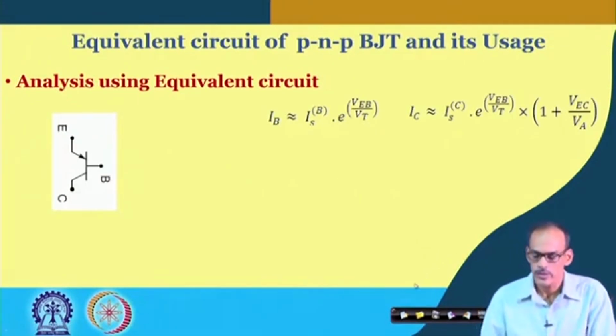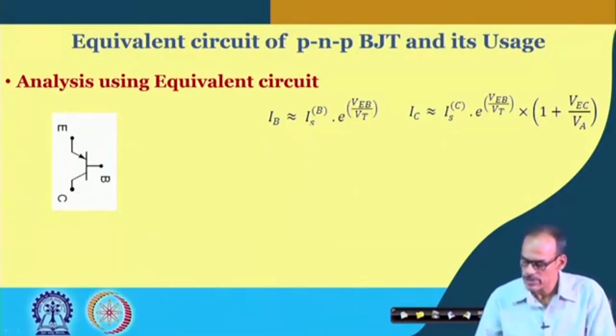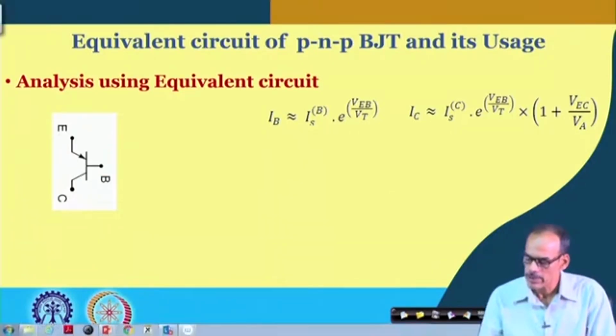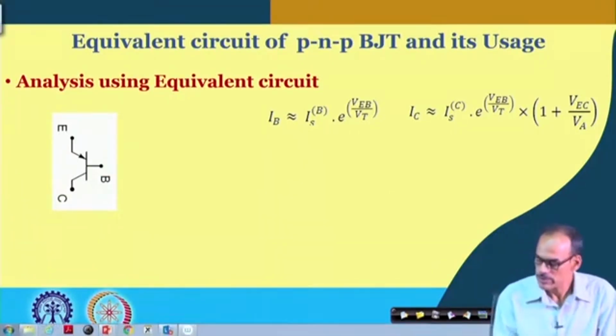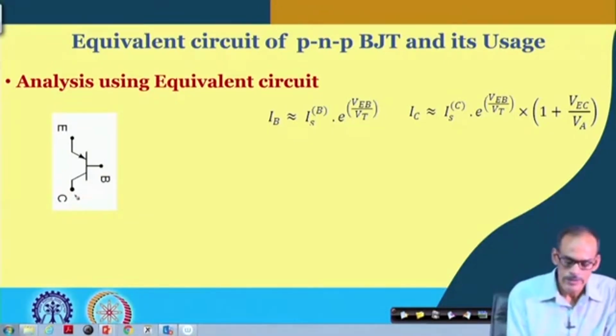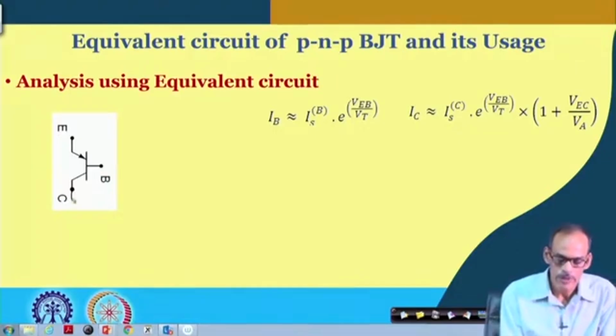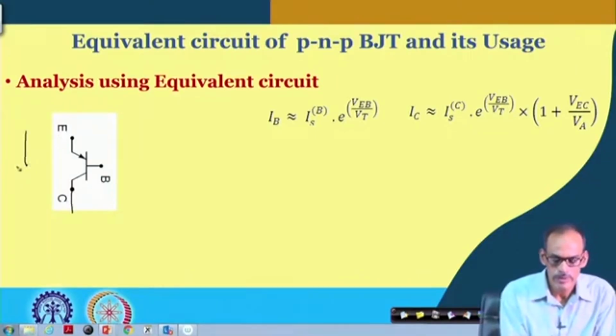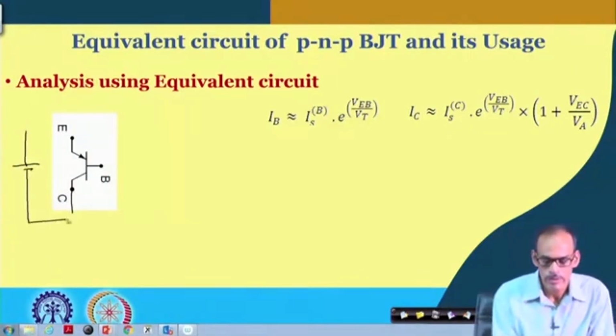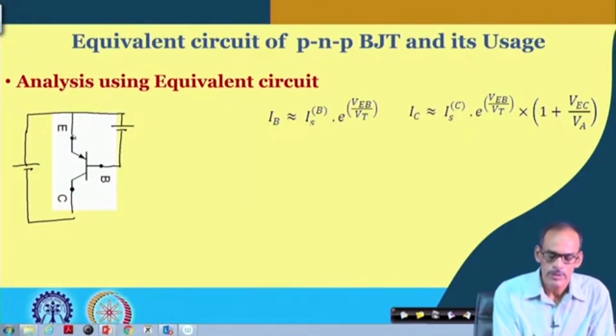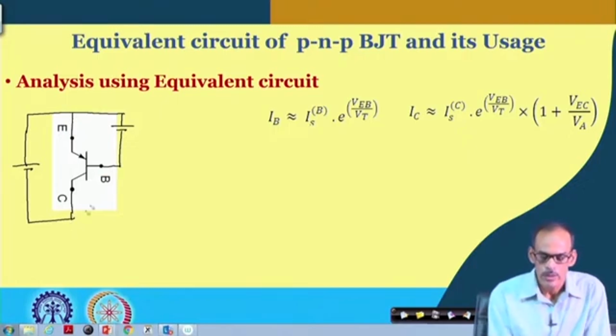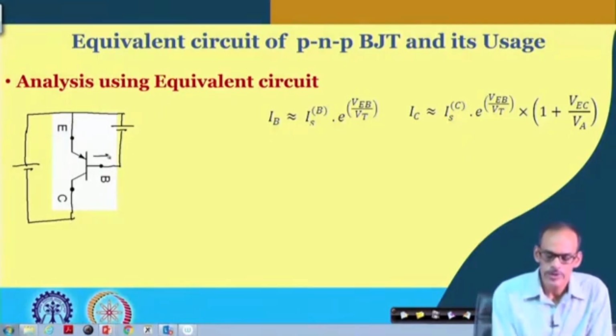We can use the same equations, and we may have some bias here, and some bias here, and suppose we are asked to find the corresponding current here, and current here.